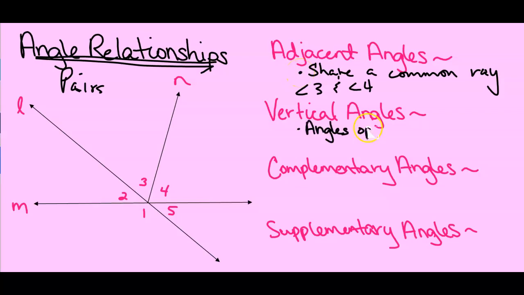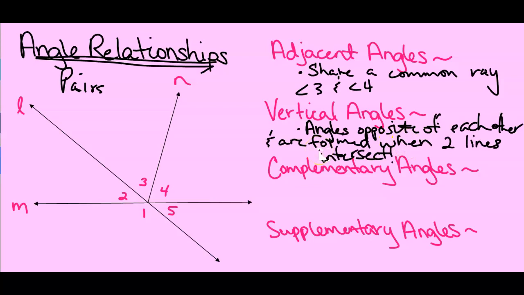Vertical angles are angles opposite of each other and are formed when 2 lines intersect. Once again, looking at this diagram, we have line L and line M intersect each other.